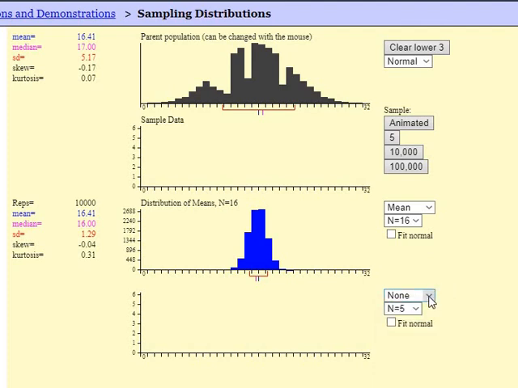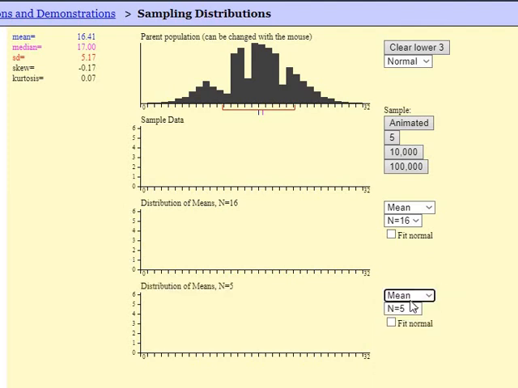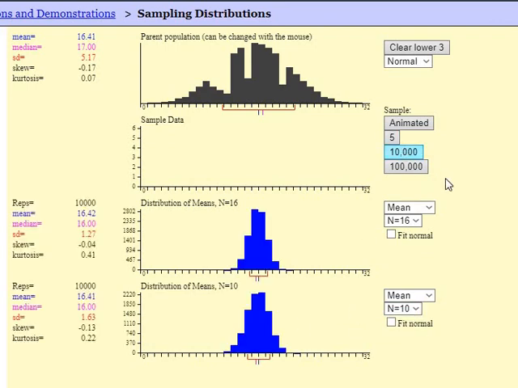And we're talking about the mean, but you can do other statistics as well. We're mostly concerned about the mean right now. You can do fit normal, and it'll put a normal distribution curve through it to see what it's approximately fitting as well.